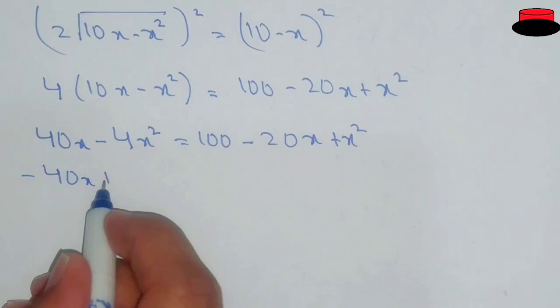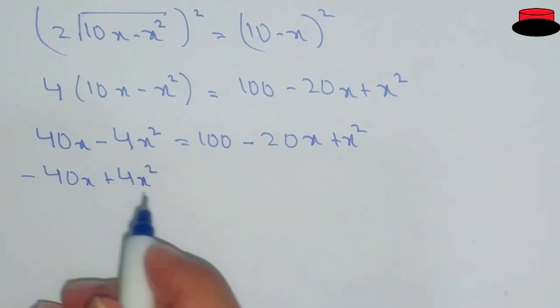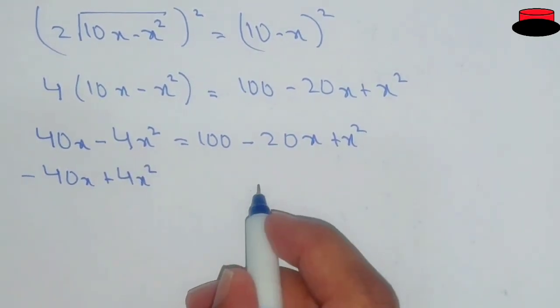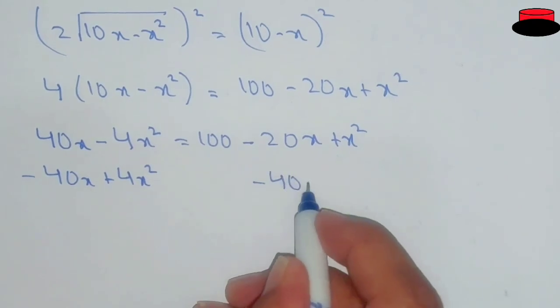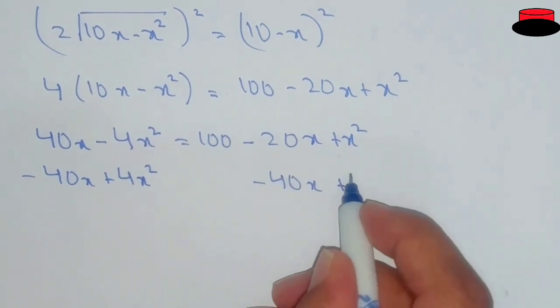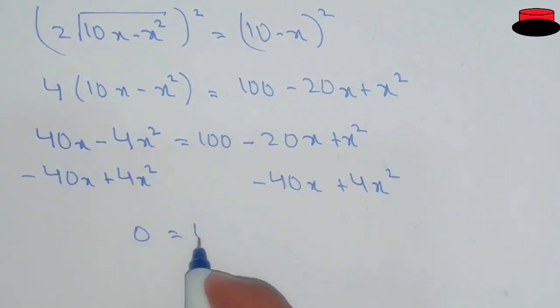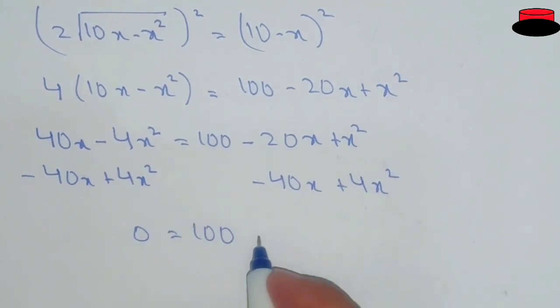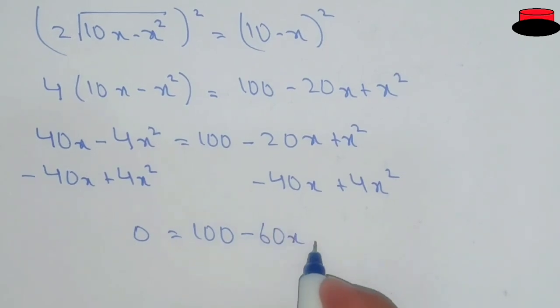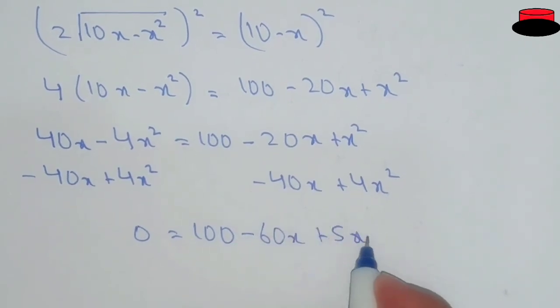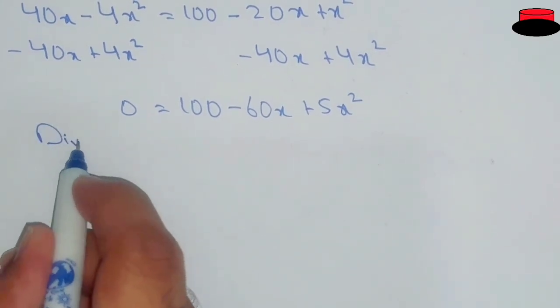Now subtracting minus 40x plus 4x square on both the sides. The same over here, minus 40x plus 4x square. So these will be cancelled. So left hand side will be 0 equal to 100 minus 60x plus 5x square.